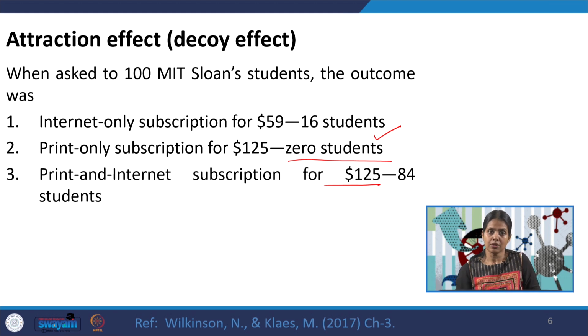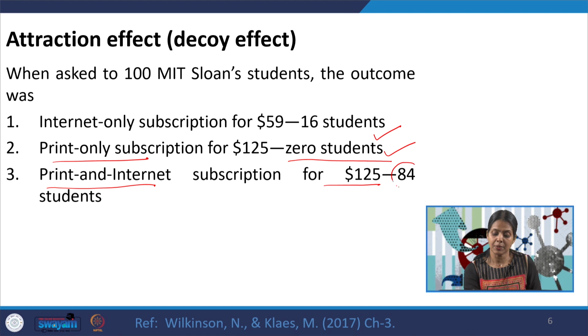Of course, you understand that when for $125 you are getting 2 things, why would you pay $125 for only one thing? So, that is why the choice is 0 here. And one more important point to be noted, that the percentage is much greater for the third option.